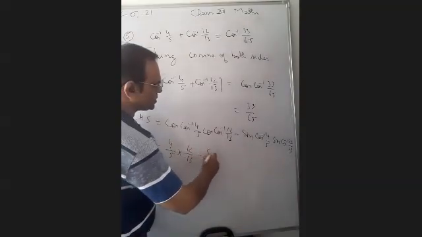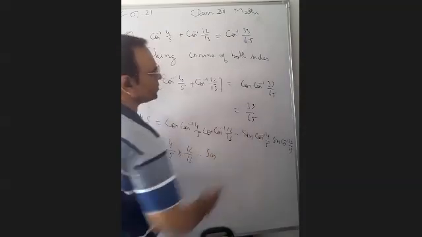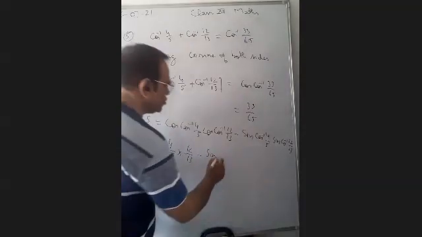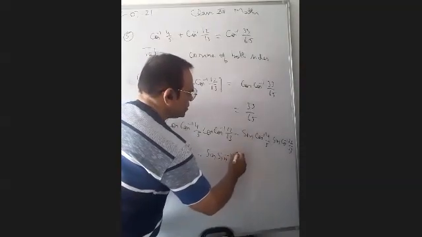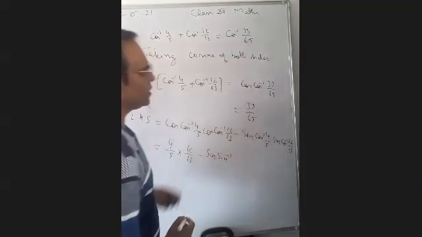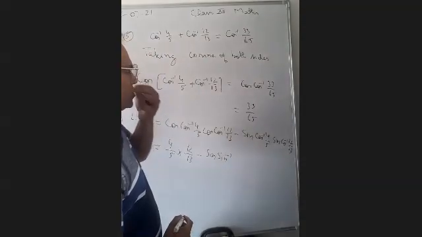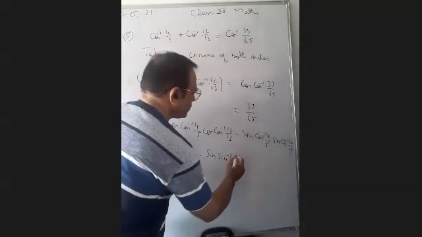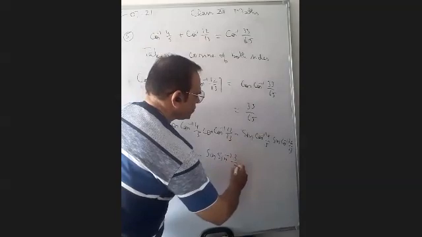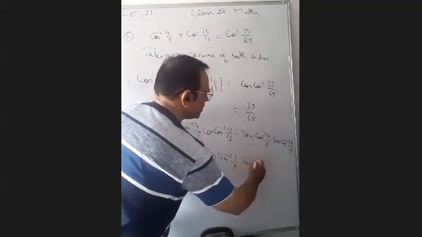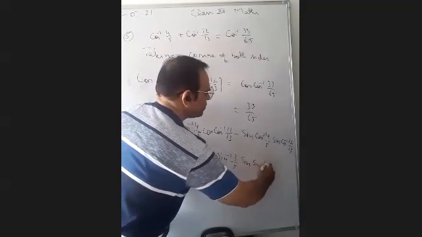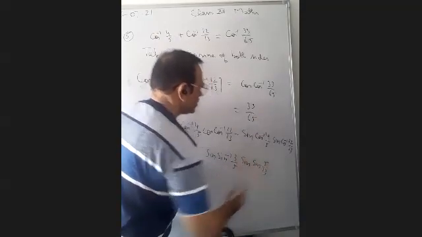But the problem is here. Now you have to convert into sin inverse. It will be equal to sin, 3 upon 5. Similarly, you have to convert this one also, sin inverse 5 upon 13.